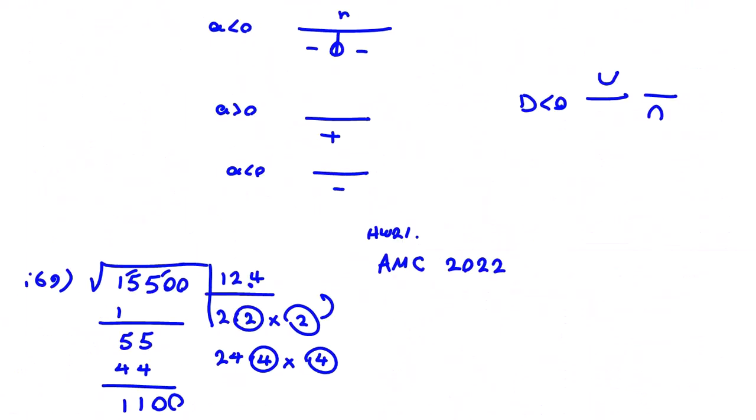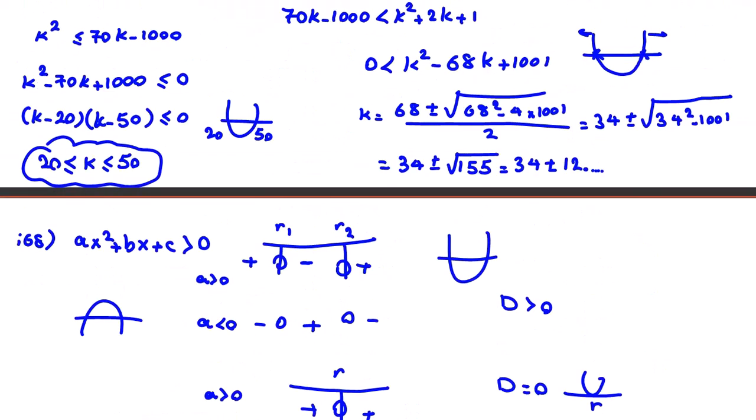Now, here I told you idea 69. Okay. So 34 plus 12, which is what? Which is 46 point something. And 34 minus 12 is 22, 21 point something. Okay. So because we know k is an integer, k is greater than this, and k is less than this.